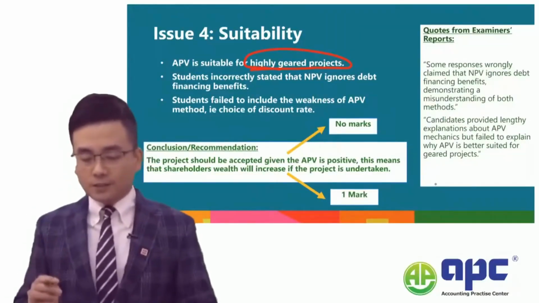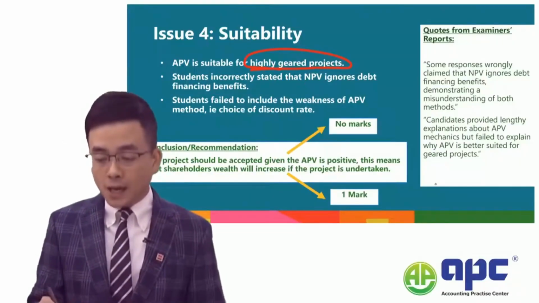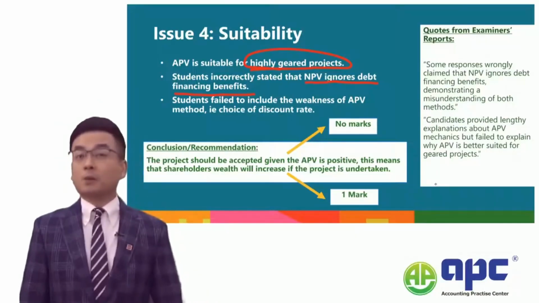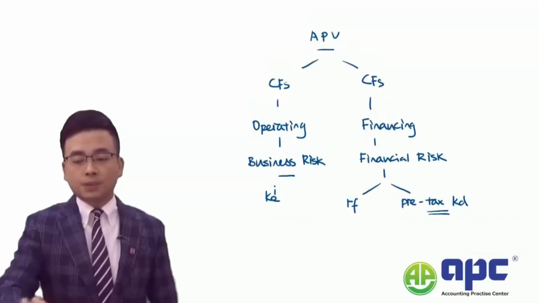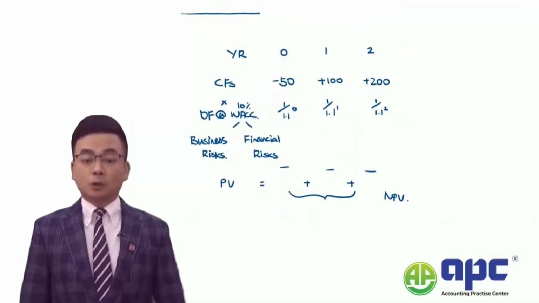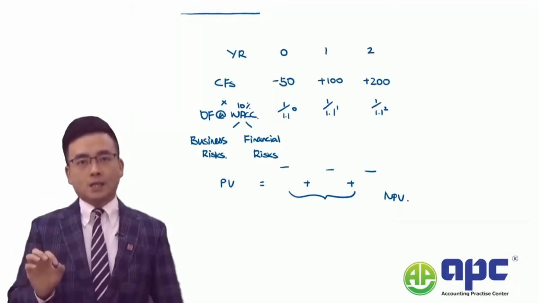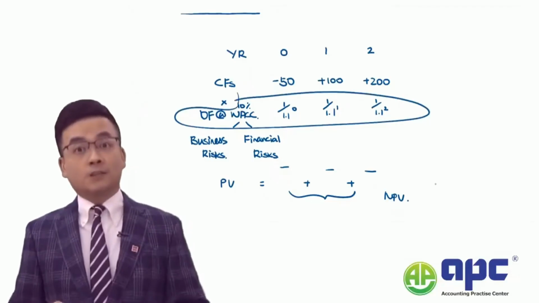But a lot of students said that the reason why we choose APV was because NPV ignores the debt financing benefit. Well, this is incorrect. The reason is, as you can see in my previous pro forma, when we calculate the net present value of a given project, we discount cash flows at the WACC. Now, the WACC itself has considered the financing effect already.